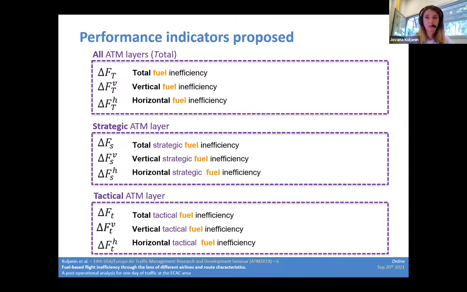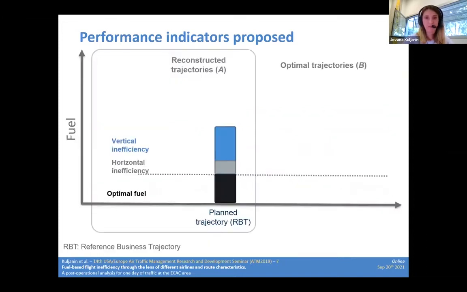As can be observed, different variants are proposed, aiming to decouple and identify different sources of environmental inefficiency, distinguishing those that could be attributed to the different layers of ATM, including tactical, strategic, and all ATM layers. And within all of these 3 sets of performance indicators, the inefficiency will be further decoupled to capture the inefficiency in the horizontal and vertical domains.